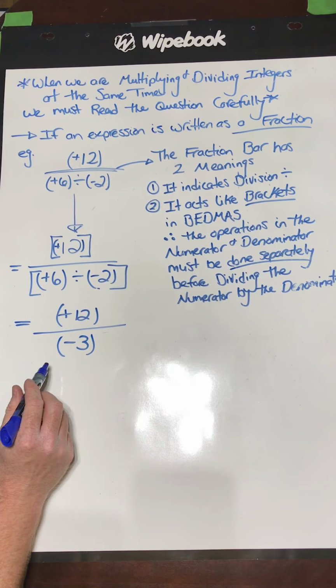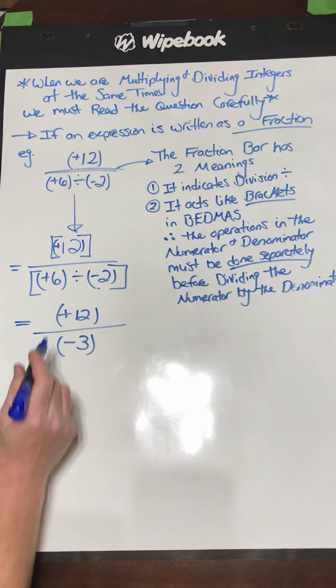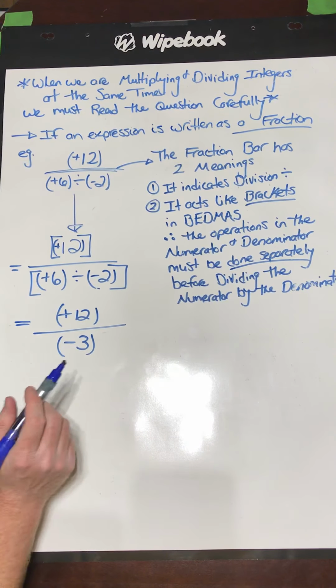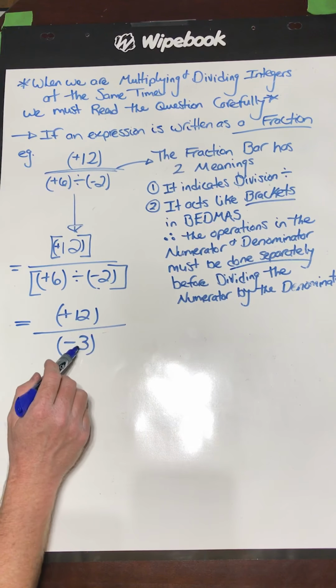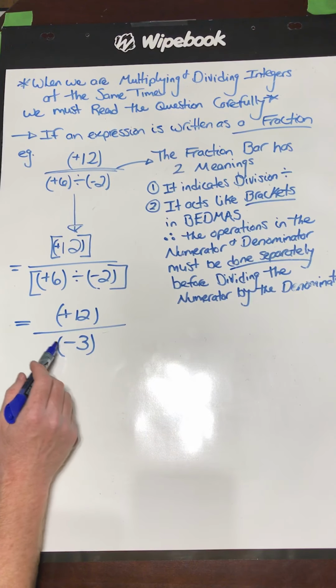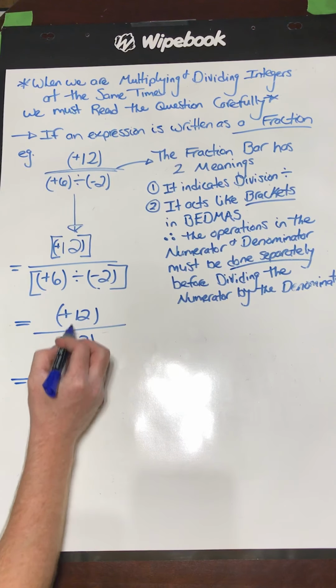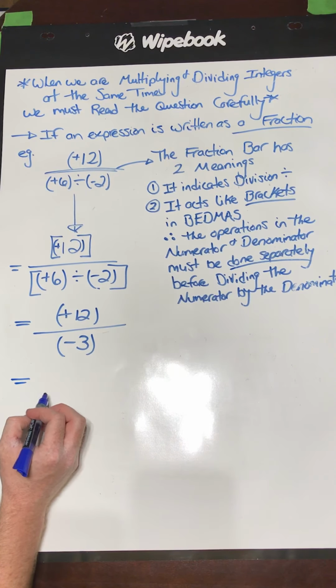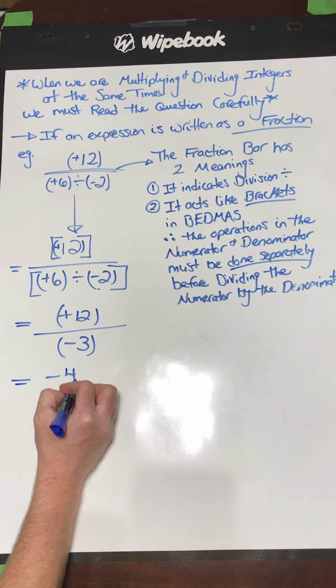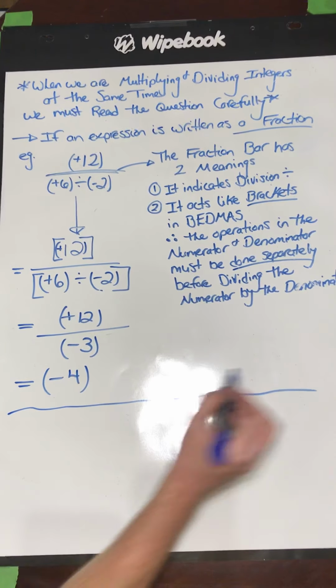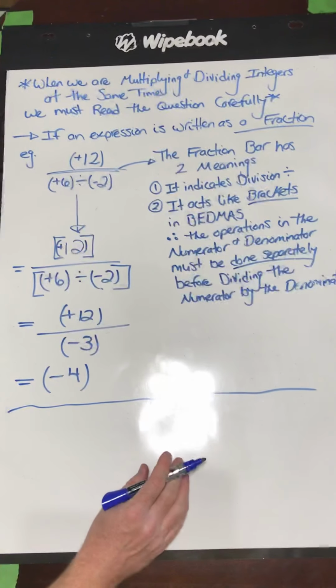Now that I've worked on the numerator and the denominator separately, and I have only one integer in both the numerator and the denominator, now I can divide the numerator by the denominator, and positive 12 divided by negative 3 is negative 4. Now let's say I hadn't used those rules.